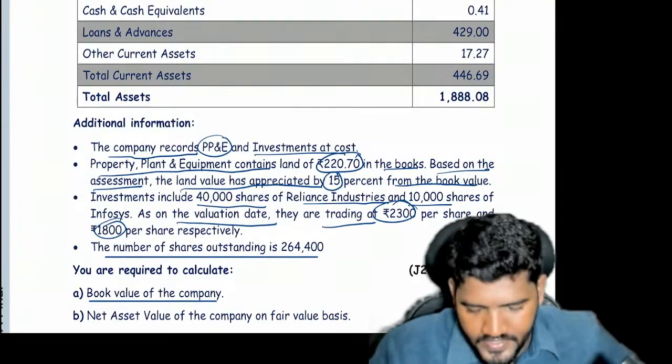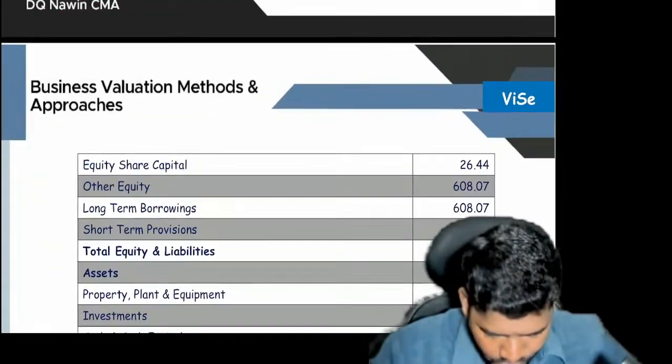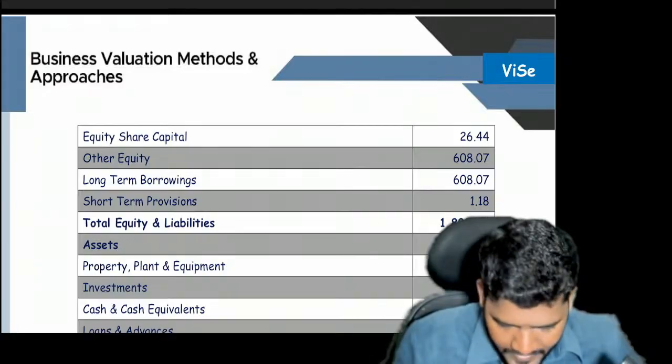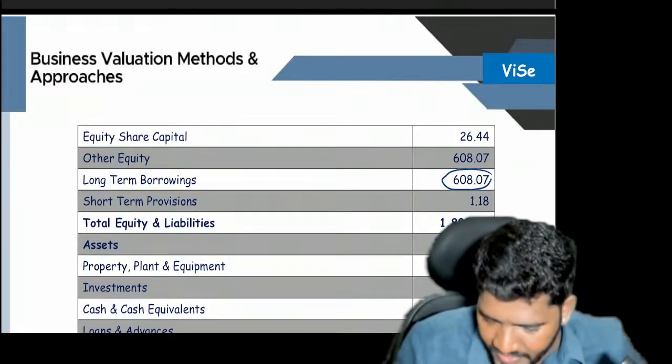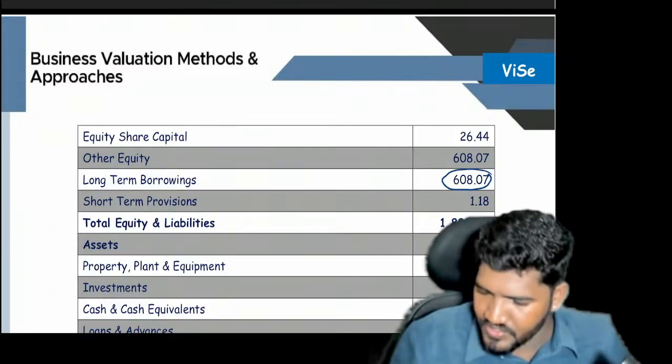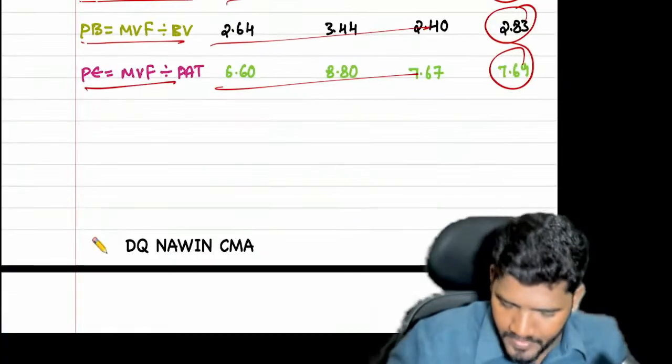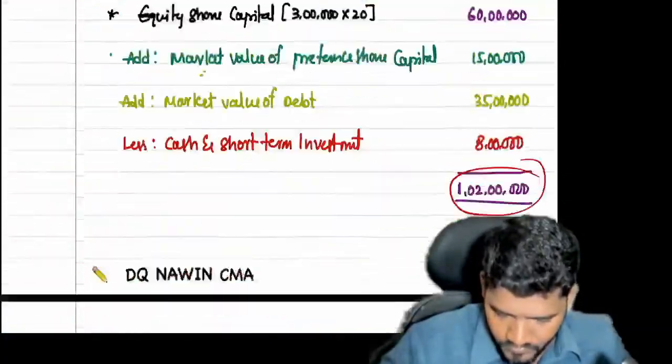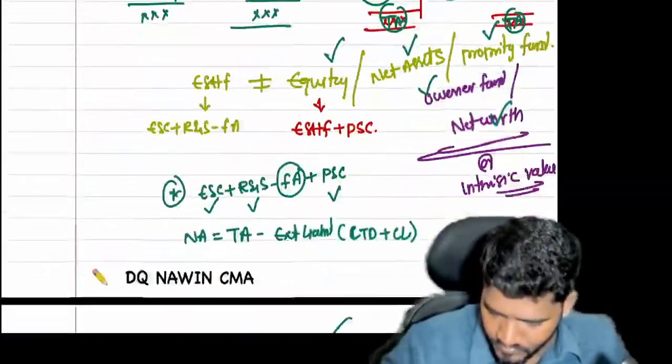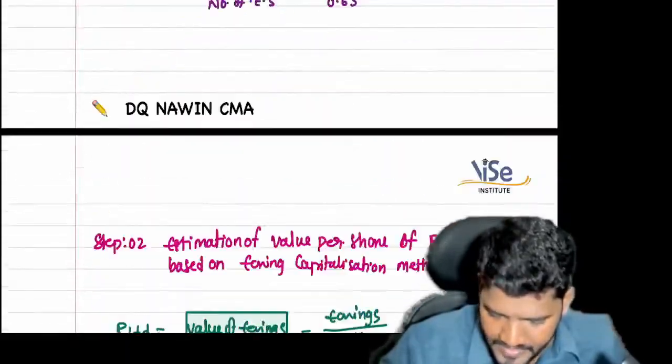Sorry guys, I think this question has a mistake. I think the long-term debt value is not 608.07. You have to adjust this. Wait a minute. Just a clerical mistake, guys.